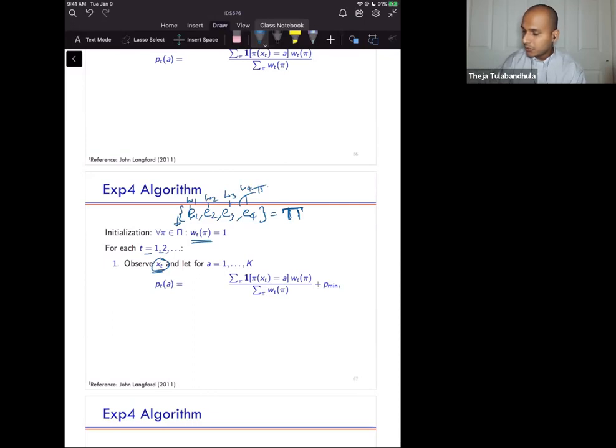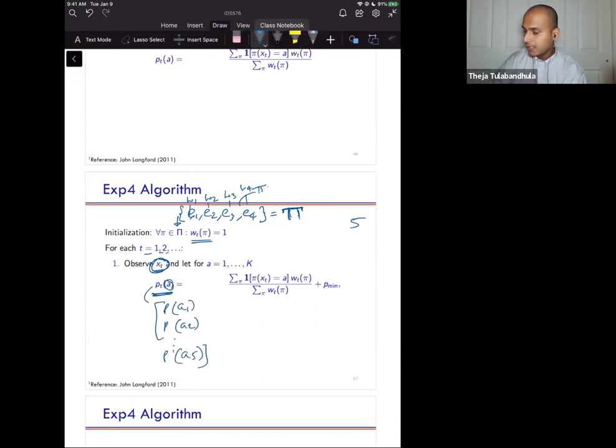So you observe a context and then compute some mass, some score for every action. Although there are 4 policies, the number of actions is 5 in the previous example, so you'll compute 5 such numbers: P of ad A1, P of ad A2, all the way to P of ad A5.